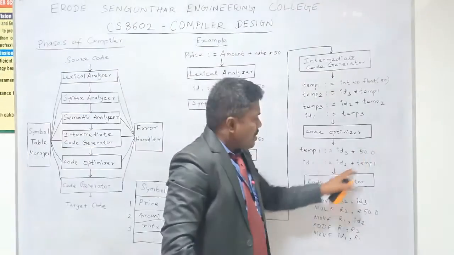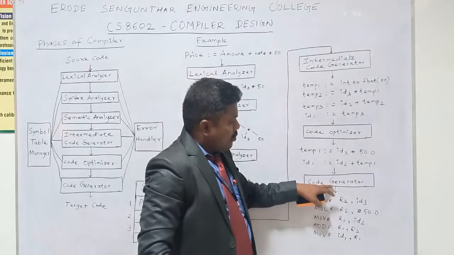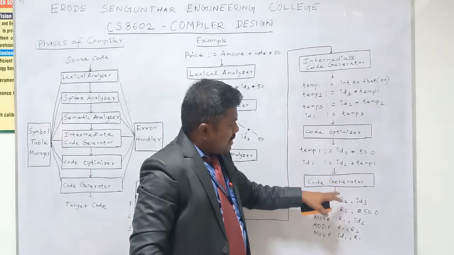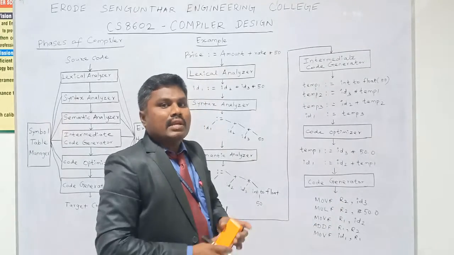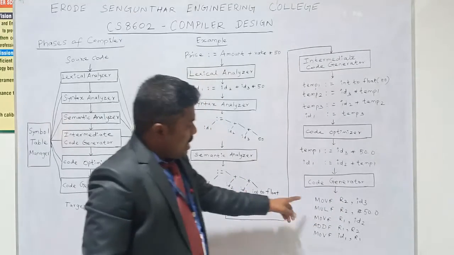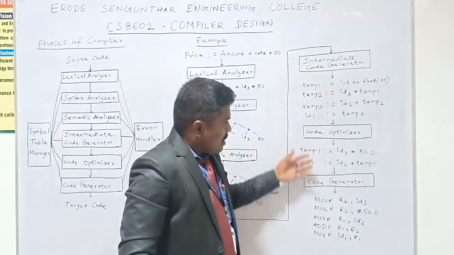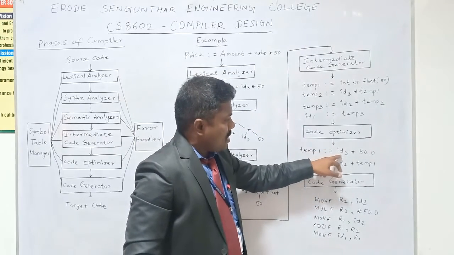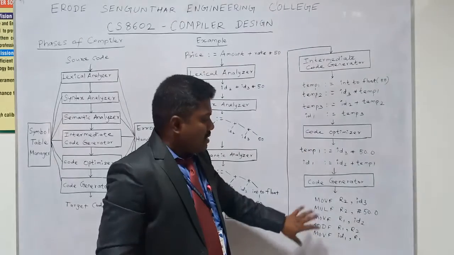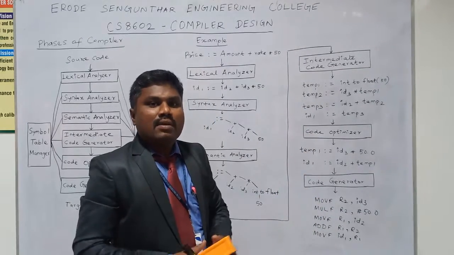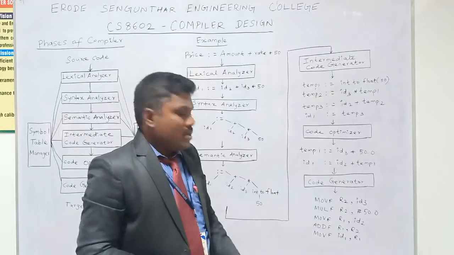This optimized code we are going to give as an input to code generator. Code generator generates the target code, object code, depending on the architecture of the particular machine. Here, the 3 address code values are assigned in registers depending on the particular machine architecture.